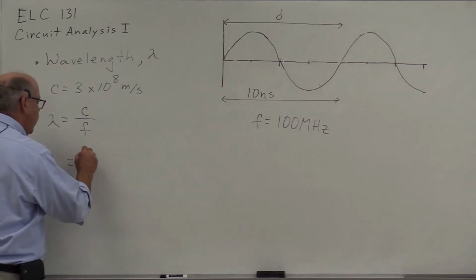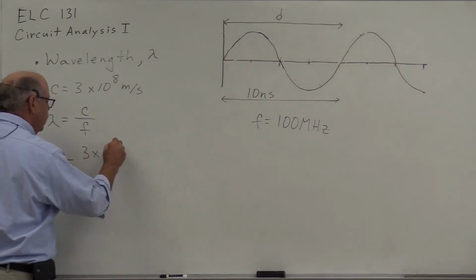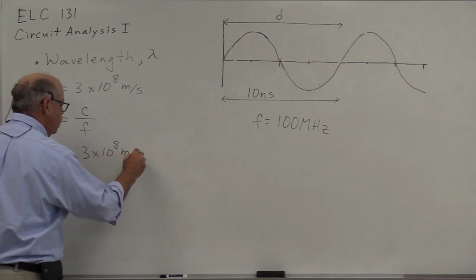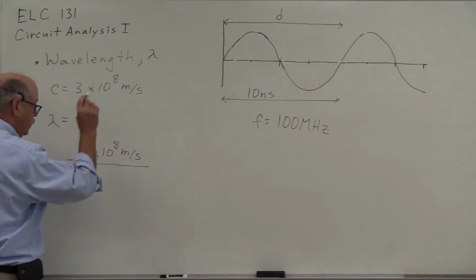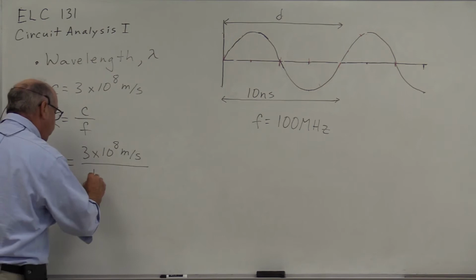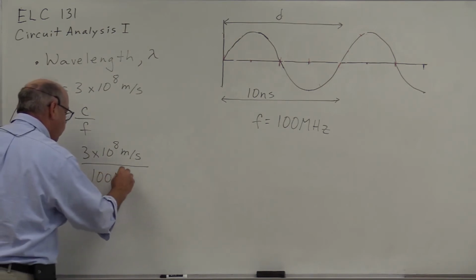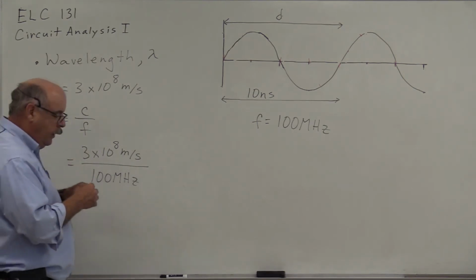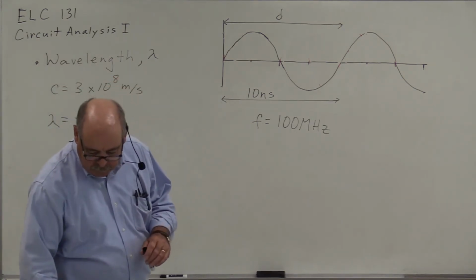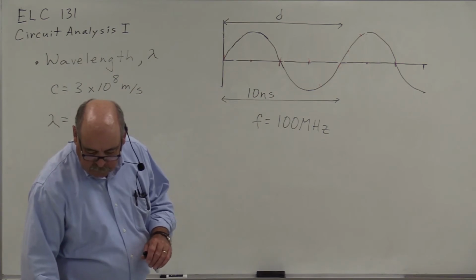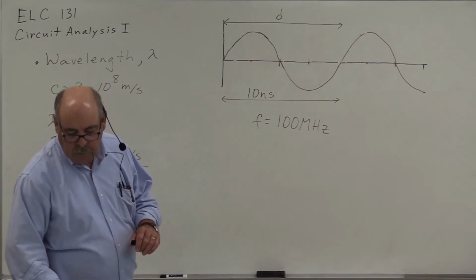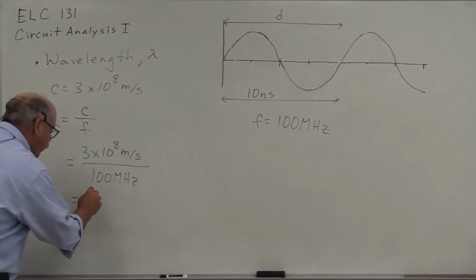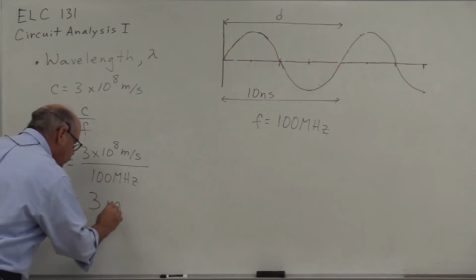Wavelength equals the speed of light divided by frequency. So the speed of light, again, is 3 times 10 to the 8th meters per second. The frequency of this waveform is 100 megahertz. And if we divide 3 times 10 to the 8th by 100 megahertz, we get 3 meters.